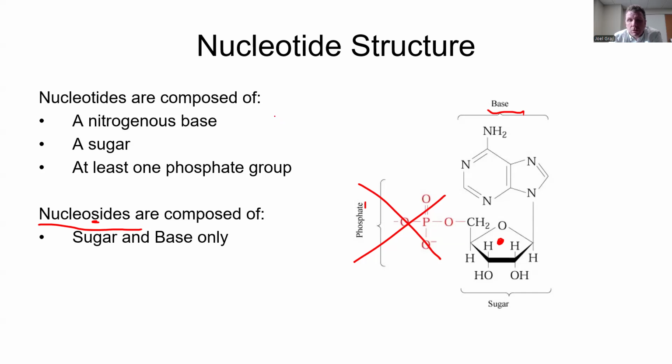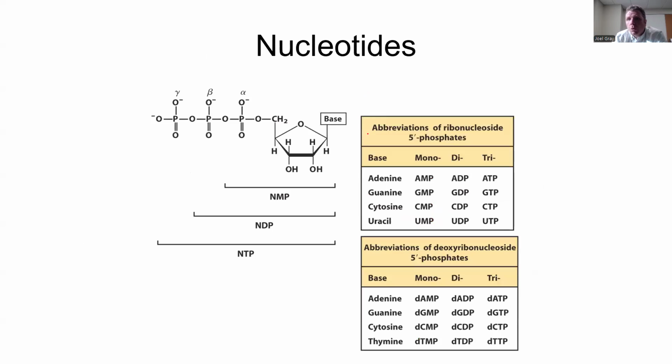That's something that's always resonated with me and has been helpful for me to remember. I will ask a question, I'll show you a structure and I'll say, is this a nucleoside or is this a nucleotide? Alternatively, I could say, what's the difference between a nucleoside and a nucleotide? And it's simply a phosphate group. Now, as you can imagine, if you have more than one phosphate group, well, it's still a nucleotide. Now, what is most common to see is a mono-, di-, or trinucleotide. These are abbreviations for ribonucleoside 5' phosphates.